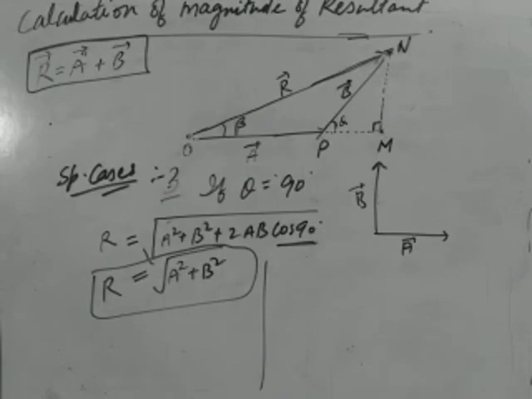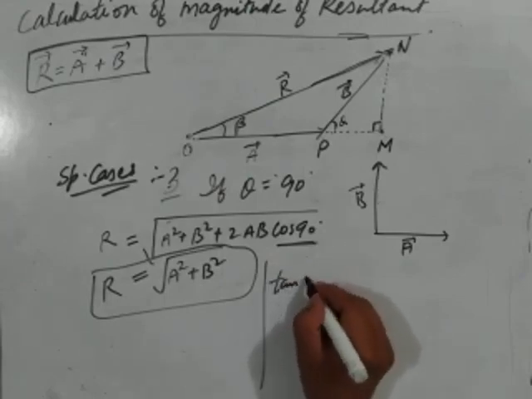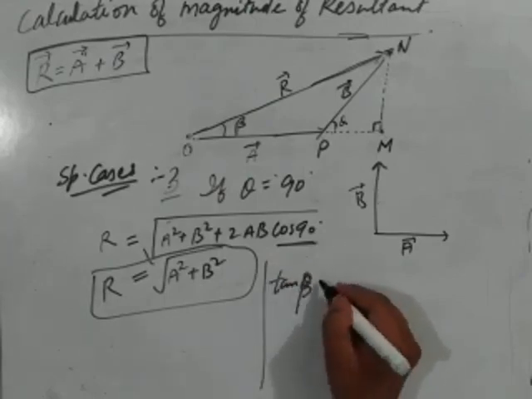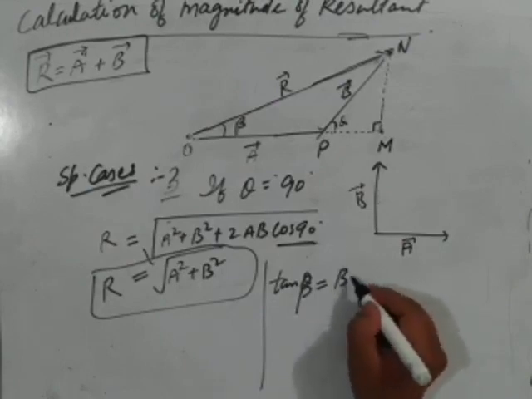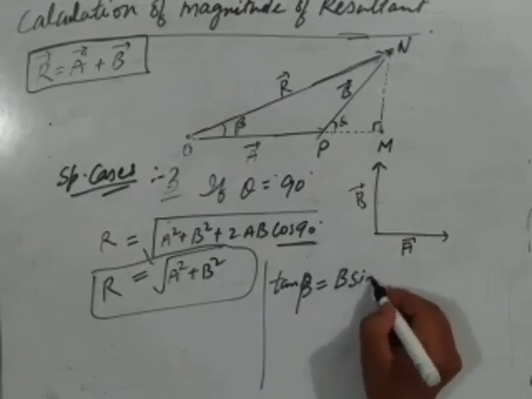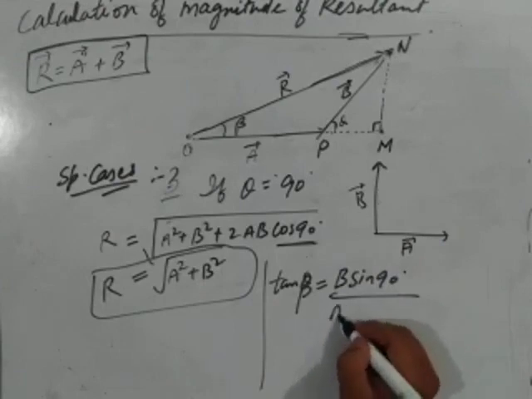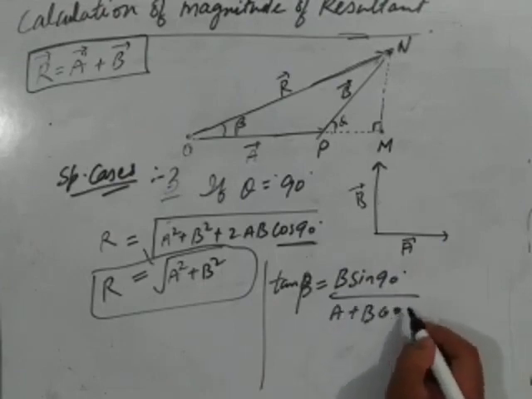Now the direction of resultant is given by the general formula tangent beta is equivalent to B sin 90 upon A plus B cos 90.